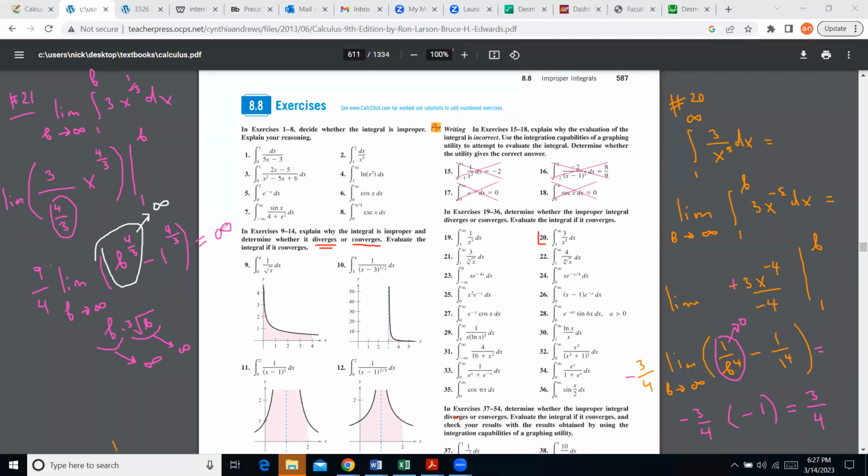9/4 doesn't change my infinity. So this integral will be divergent. I deliberately don't want to use the word convergent here, because sometimes we actually can find the integral. So if it is 3/4, then I put 3/4.